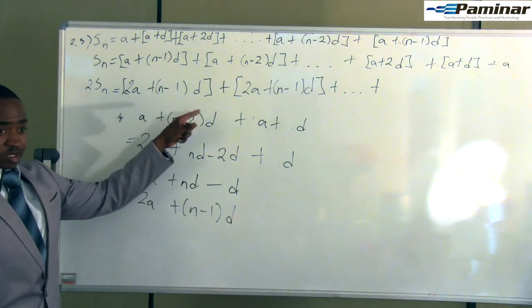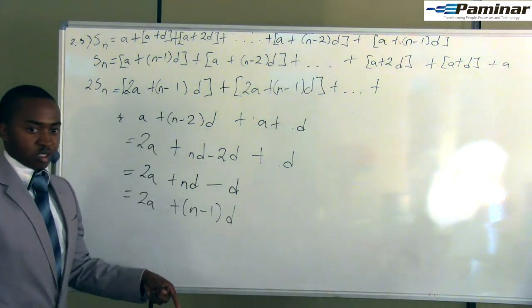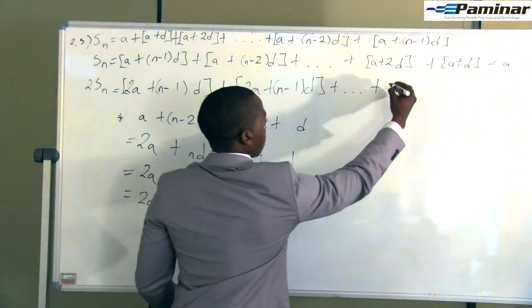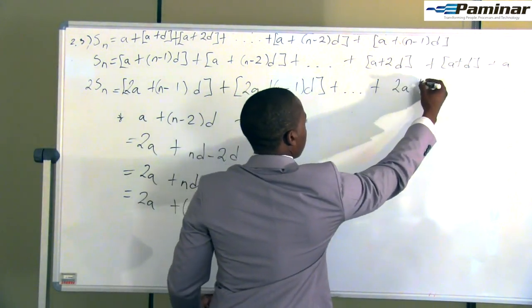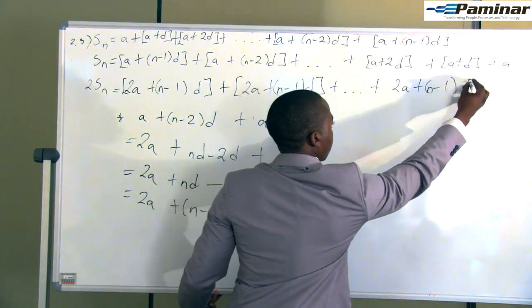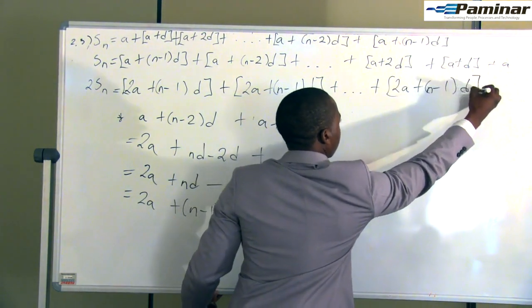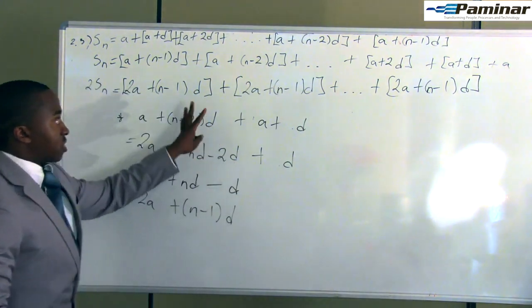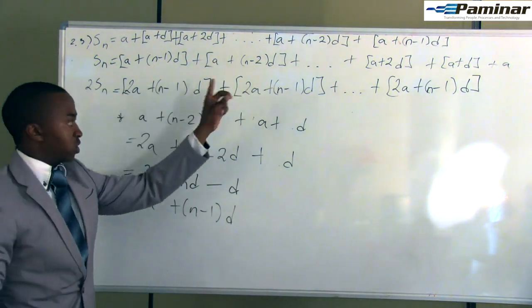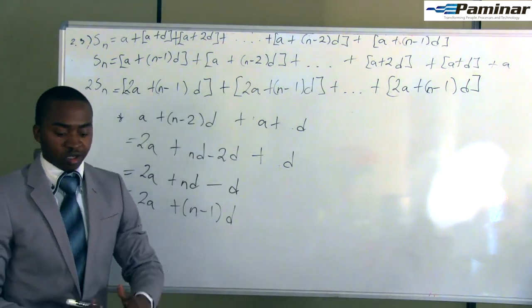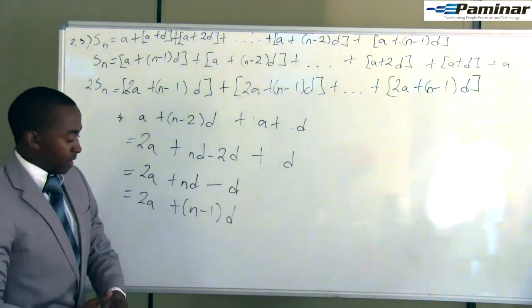Can you see? It's the exact same thing, replicating. So no matter which two pairs you add up, you're always going to get 2A plus (n minus 1)d.